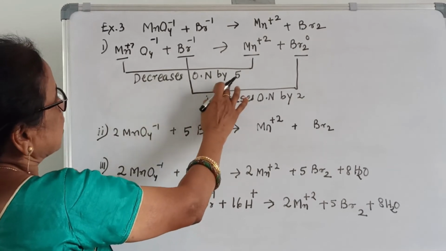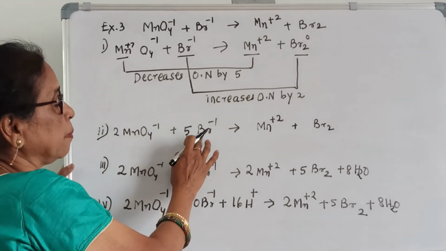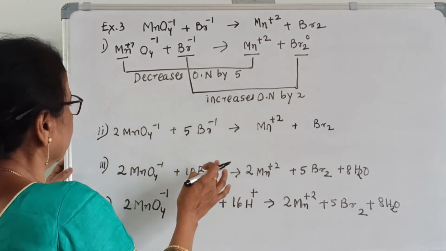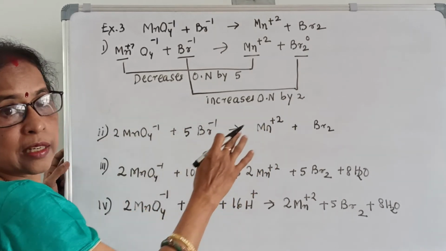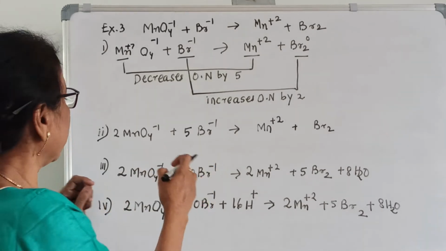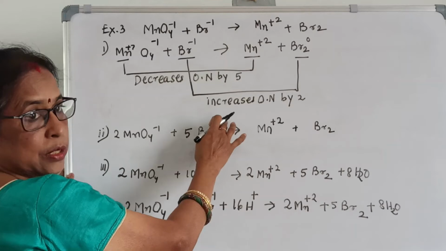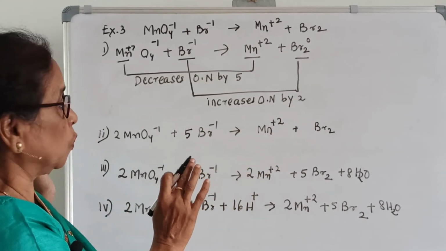Since it decreases by 5, that is why 5 is multiplied by Br minus, and since it is increased by 2, that is why it is multiplied by 2. So what is the result here after equating oxidation number? 2 MnO4 minus 1, 5 Br minus 1, changes to Mn plus 2 and Br2.